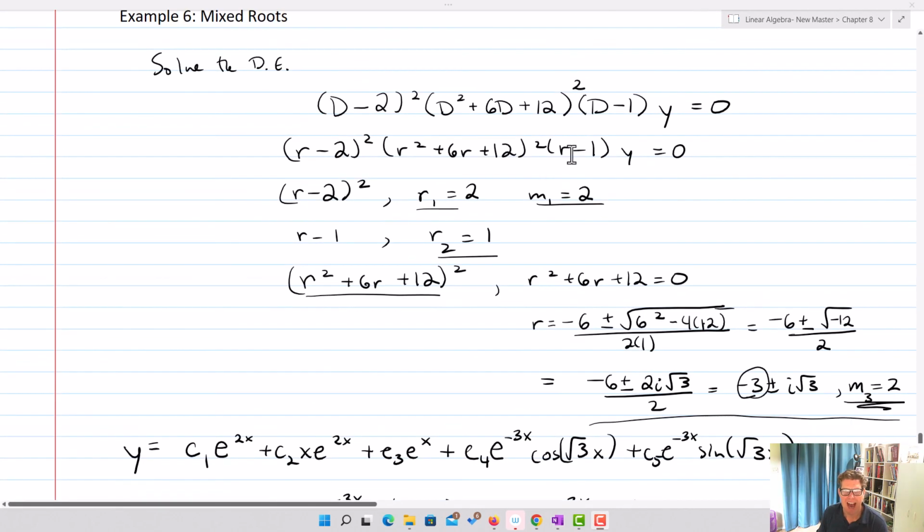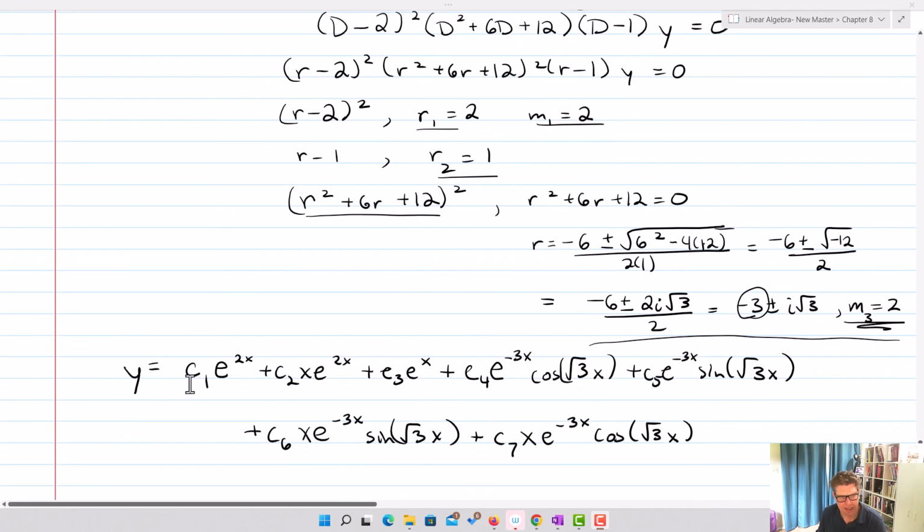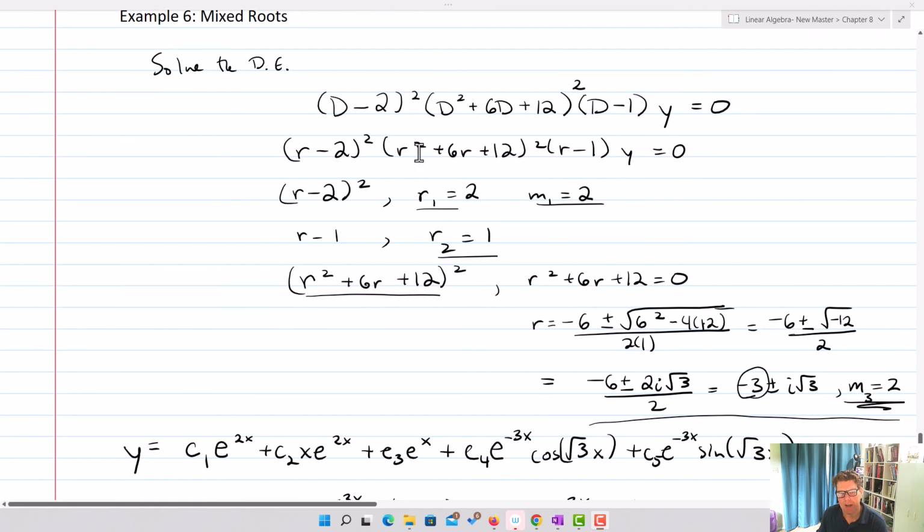I wanted to add a note, and that note has to do with how many solutions we have here. This is just a good way to make sure that you've got enough. If we look here, I've got 7 different solutions. We write them all as a linear combination. If I go out to my differential operator, I've got a squared term, so that's 2.